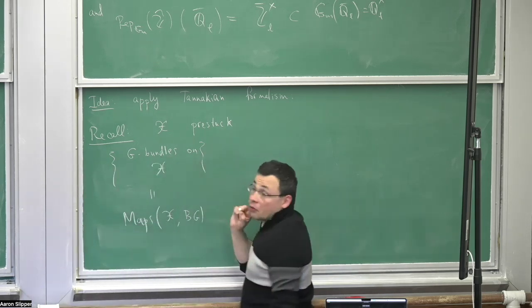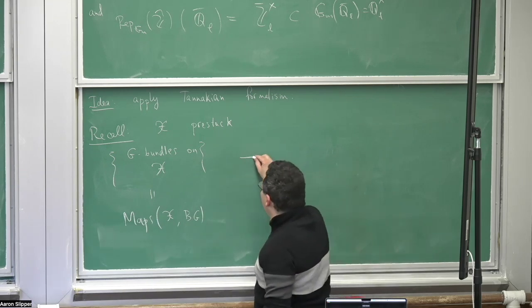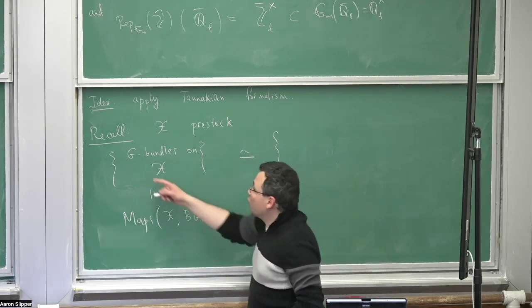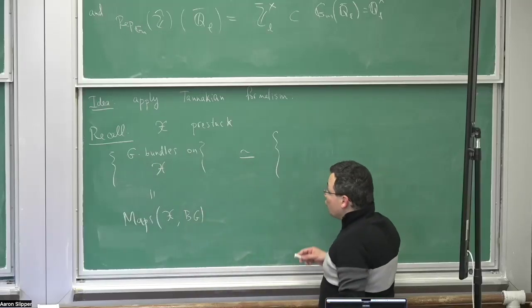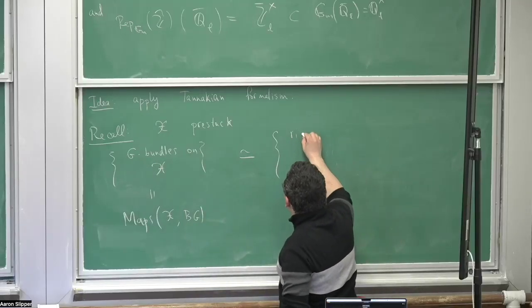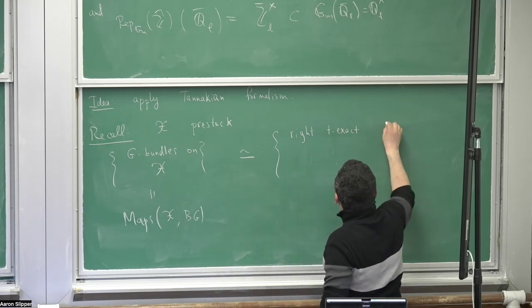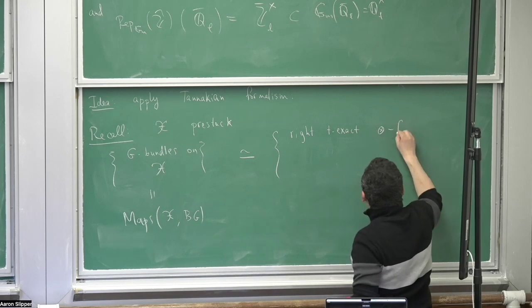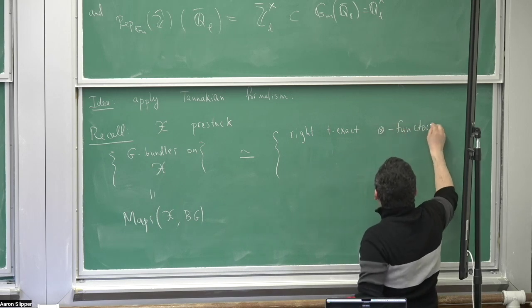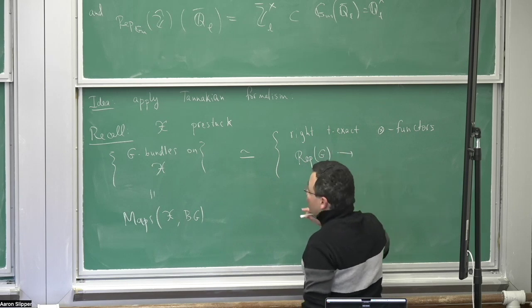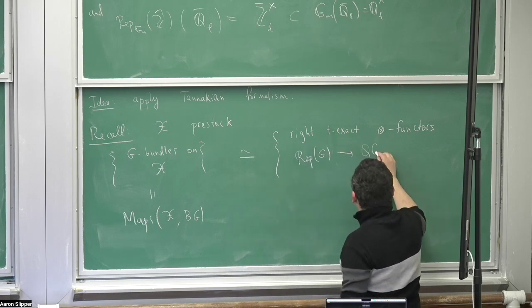That's the definition of what this is. Well, there's a description of it in terms of the representations of G. So this is the same as the right t-exact tensor functors from representations of G to quasi-coherent sheaves on X.